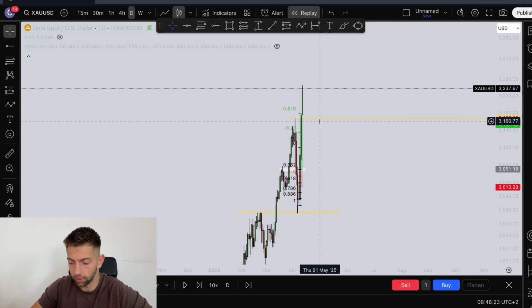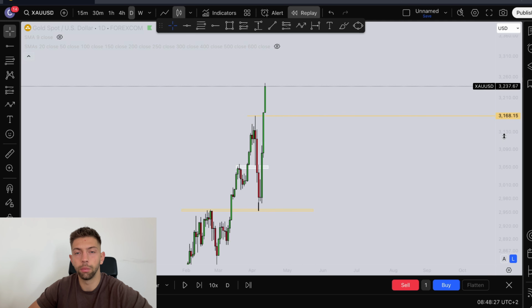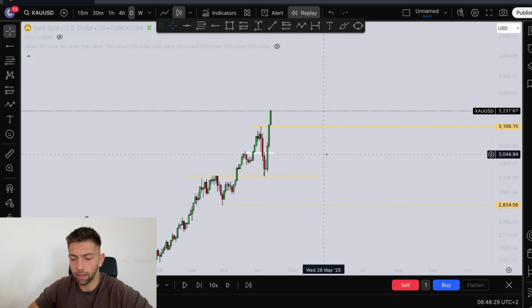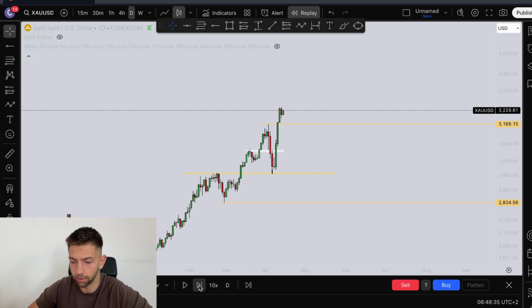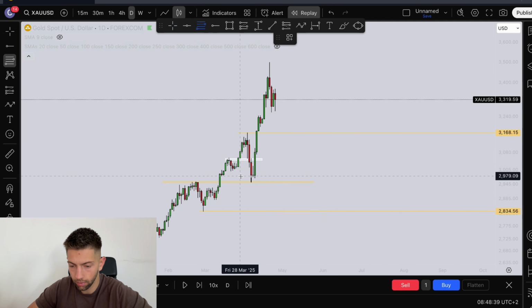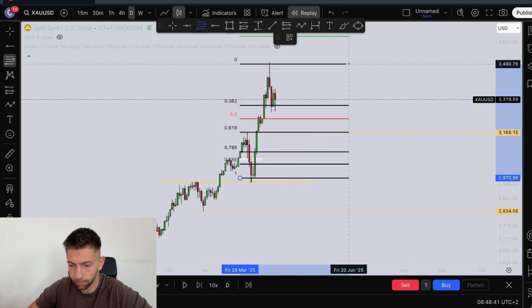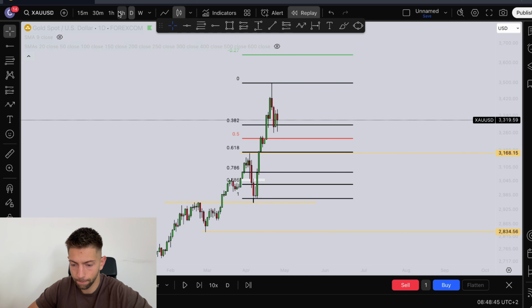If I'm going to repeat this process yet again, I know on the daily I'm bullish, okay? But I don't want to hop into a trade immediately. I want to wait for some type of pullback to happen, okay? Which I have right now. So point A, point B, 38.2%.